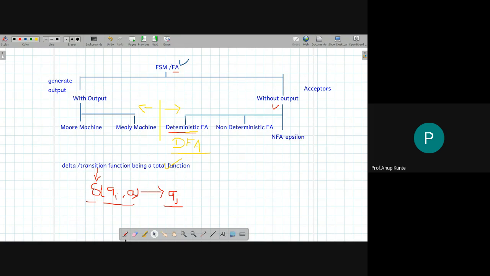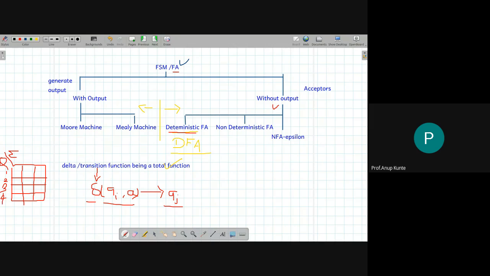In terms of the mechanical view of the system that we are modeling, we refer to the transition function as a table called the transition table, in which we have the states on one axis and the input symbols on the other axis. Here the columns are input symbols. Suppose I have three columns and four states: state 1, state 2, state 3, state 4.